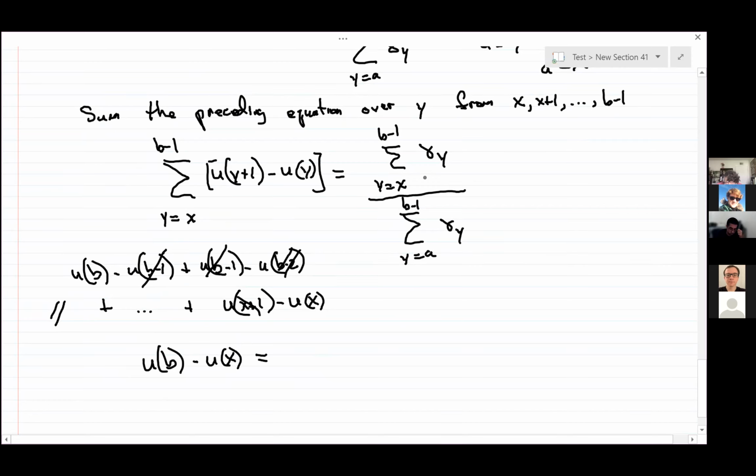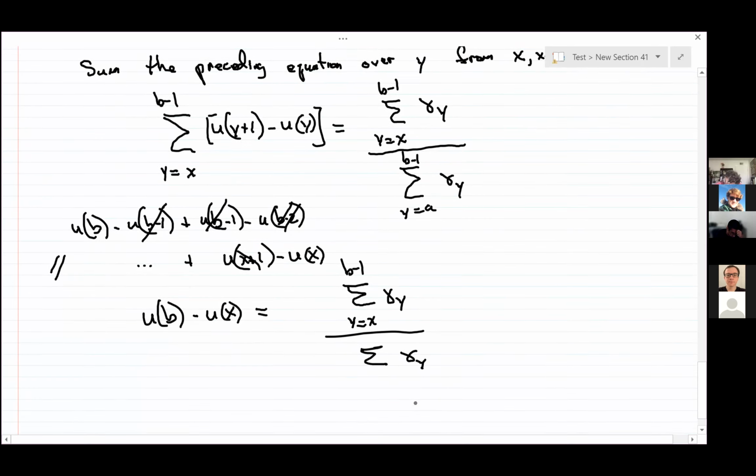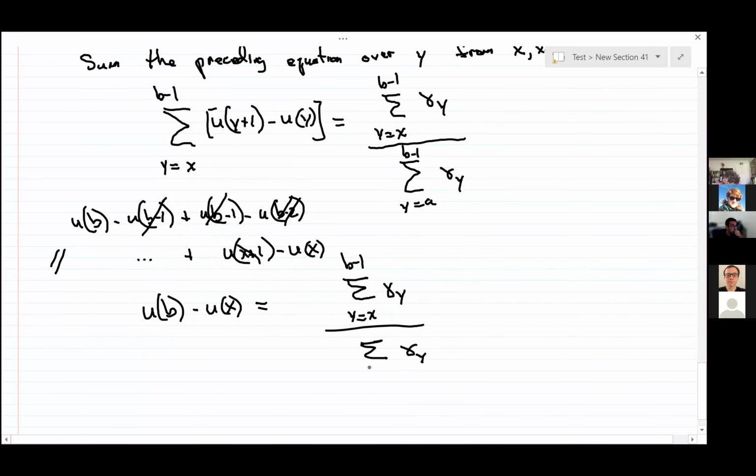And on the right side, we're just going to leave it as it is. So it's the summation of gamma y going from x to b minus 1, divided by the summation of the same expression, gamma y going from a to b minus 1.